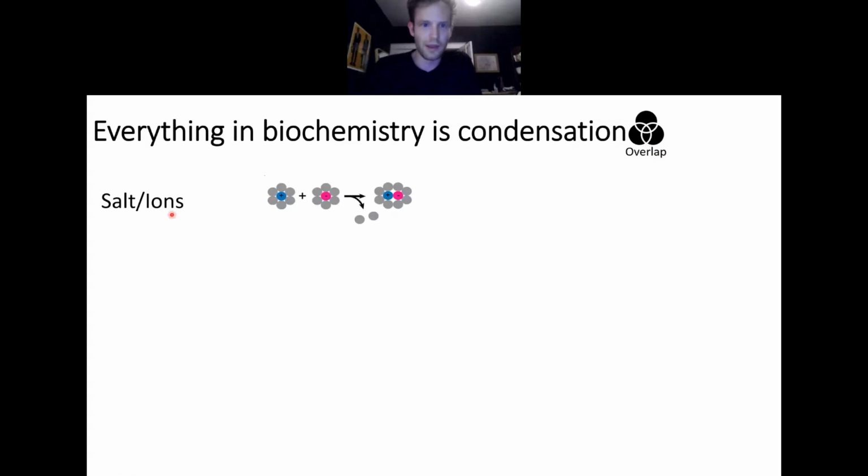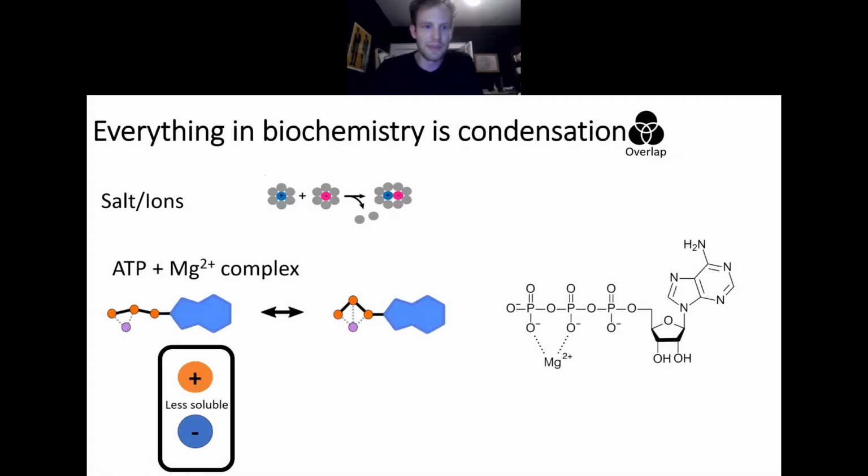salt and ions, right? When they come together and precipitate, you're releasing these waters into solution. So going back and forth is a condensation reaction. Well, when you have ATP and magnesium in the cell, it's the same thing: magnesium and ATP are both strong cosmotropes. So in a sense, they precipitate each other out of solution.